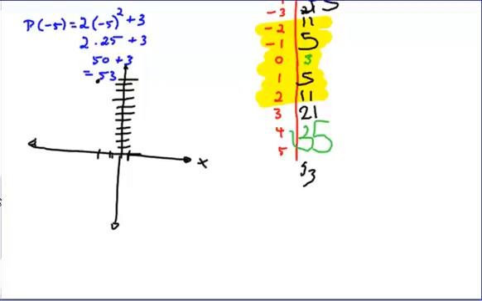And then we have negative 1, 5. So negative 1, up 5, 1, 2, 3, 4, 5. I meant to put that there, and I put it on the axis. That would have been not right. 0, 3. So we go side to side, none, up 3, 1, 2, 3. Then we have 1, 5, 1, 2, 3, 4, 5. 2, 11.